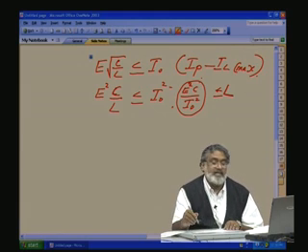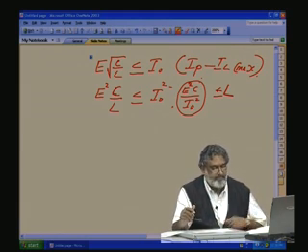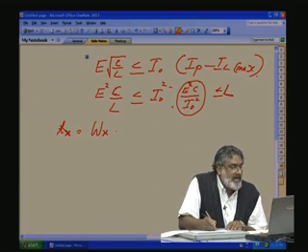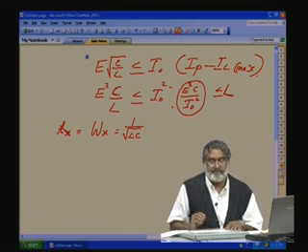But that is not sufficient. There is one more condition we want to do. Okay, from the resonance circuit we found that omega R is equal to 1 by root LC.